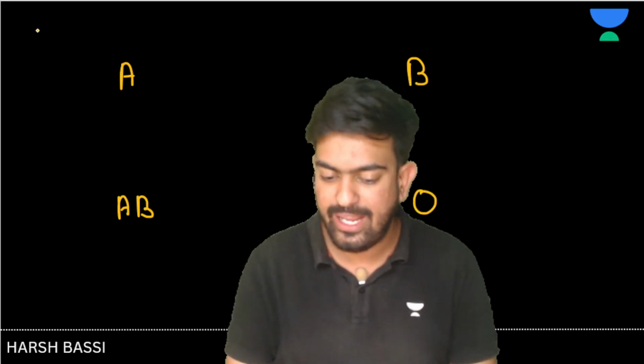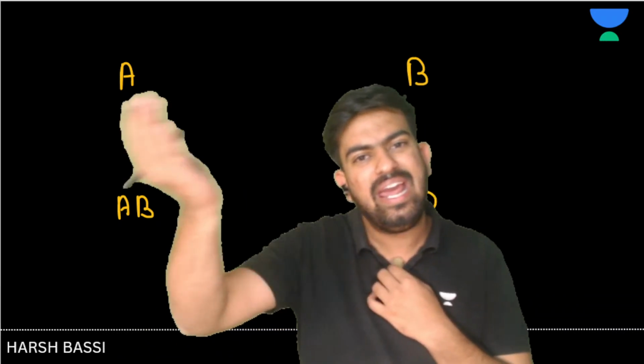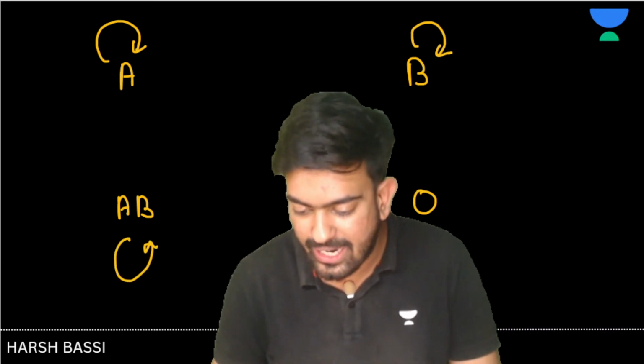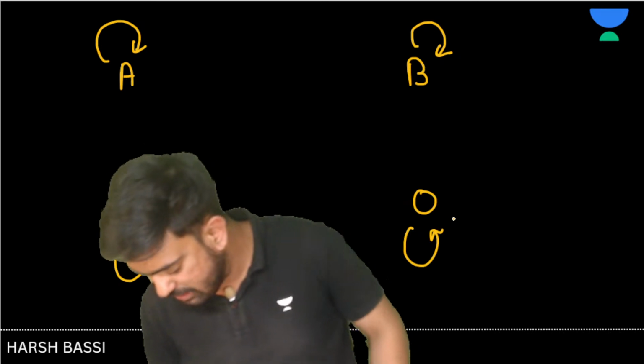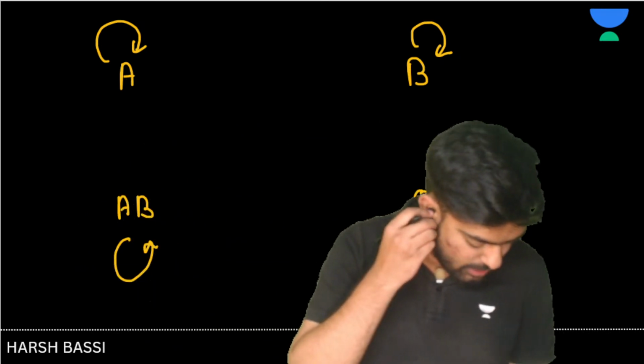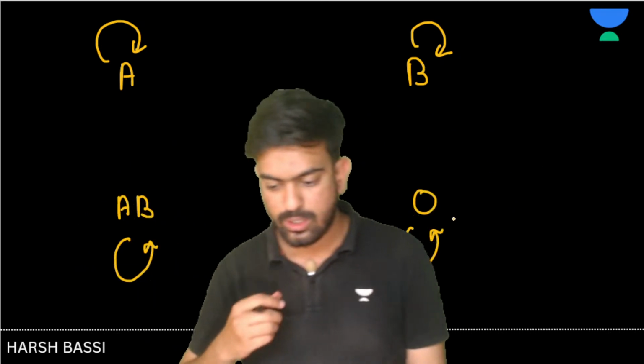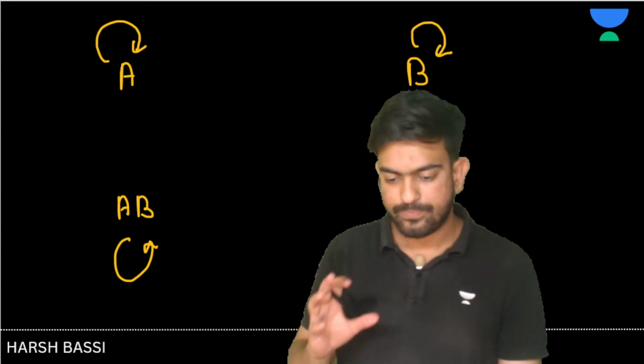So see, blood group A can donate blood to A only. अगर मान लो मेरा नाम हर्ष है, तो suppose इस RBC का नाम A है, तो ये A RBC वाले को दे सकता है. No problem in that. This B can donate to B. This AB can donate to AB. This O can donate to AB. This is the foremost clear. Yes, Roy, if you have a doubt, please let me know.